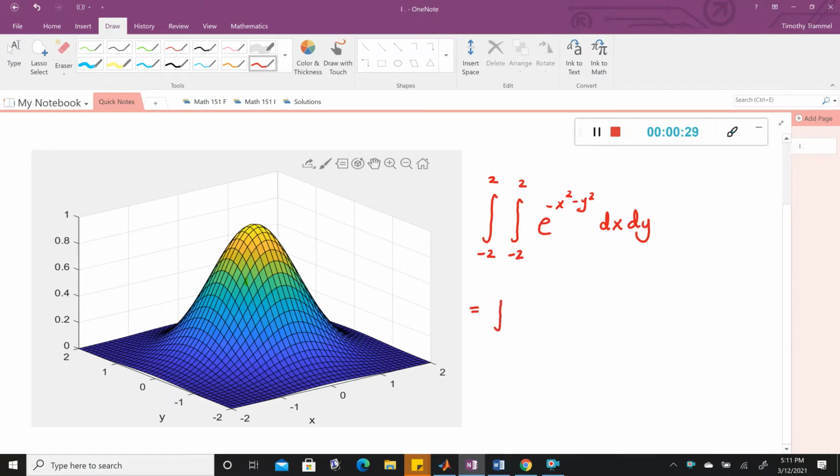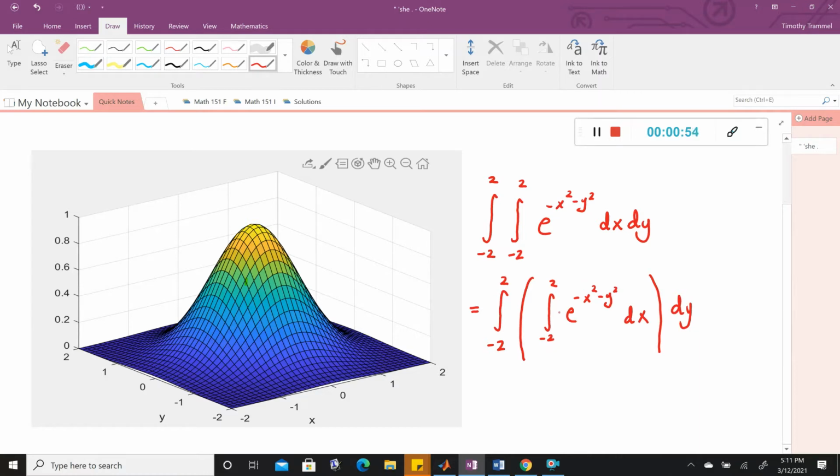We're going to think about it as the integral from -2 to 2 of the integral from -2 to 2 of e to the minus x squared minus y squared dx and then dy.